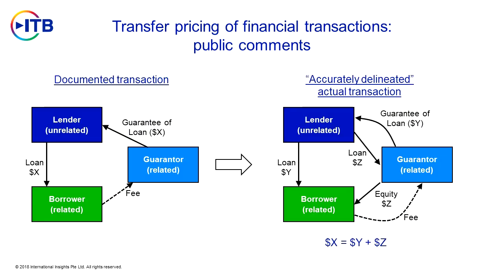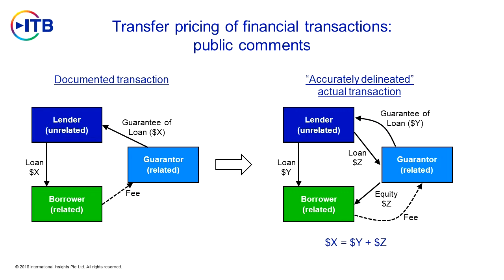A picture is worth 1,000 words, or in the case of the OECD, 10,000 words. In the diagram on the left are the transactions as documented by the parties. Unrelated lender lends X dollars to borrower. Borrower's loan of X dollars is guaranteed by a related party guarantor. Borrower pays a guarantee fee to guarantor. The diagram on the right shows the accurately delineated actual transaction.